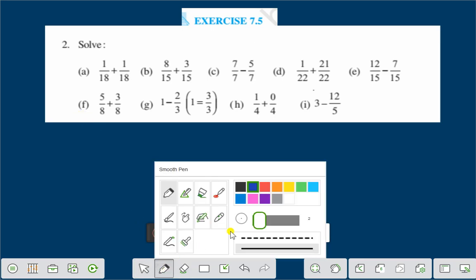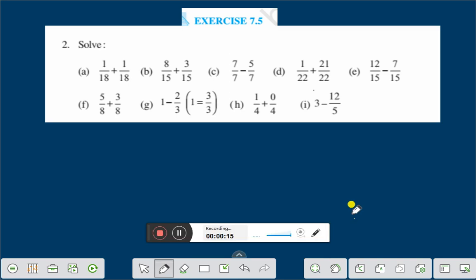Question number A is 1 by 18 plus 1 by 18. Here you see the denominator is same, therefore the LCM will be 18.